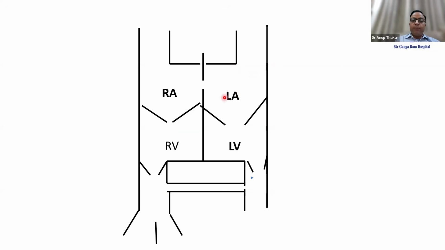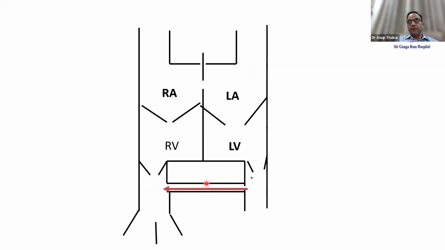So basically, if I simplify this in a schematic way, you have a PDA, which is a connection between the aorta and the pulmonary artery. What you can measure on functional echo is the duct size, and you can also measure it in relation to the left pulmonary artery.